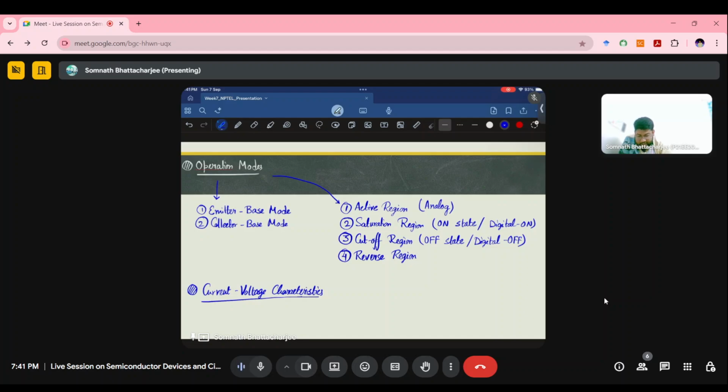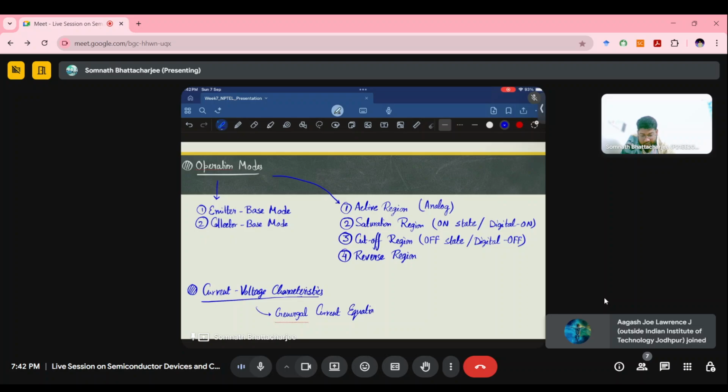The current voltage characteristic depends on which region we are working in, and under which of the modes we are working. Also, based on this, the value of the current voltage characteristic changes, and we can also get the general current equations for the devices, which are valid for each of the cases.